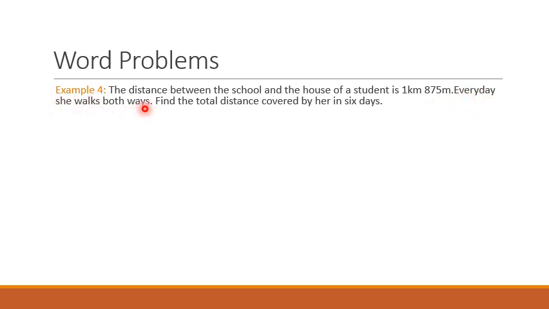That means she goes from house to school and then school to house again. So find the total distance covered by her in 6 days. So this is the distance between school and her house and she covers this distance 2 times every day. So let's see the solution.